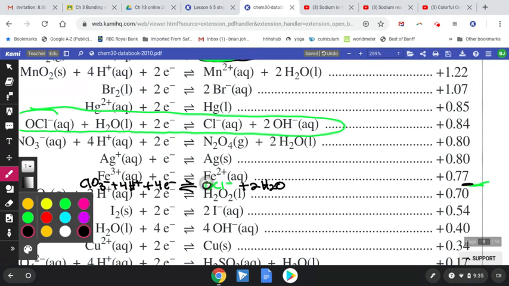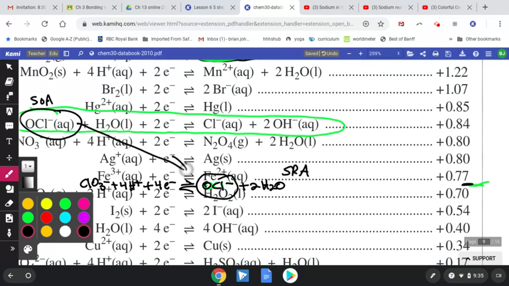Okay, so it's sitting right there, OCl minus. So if you add that reaction to your data book, now this kind of makes sense. So here's our OCl minus as our strongest oxidizing agent. Here's our OCl minus as our strongest reducing agent.